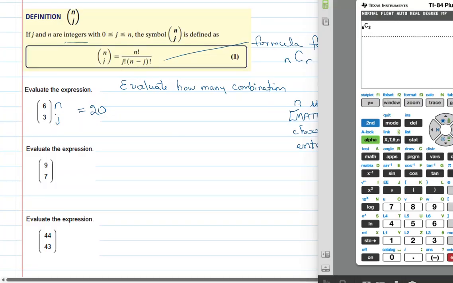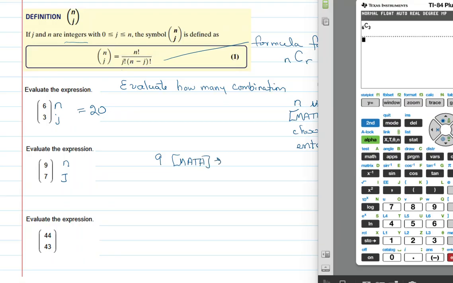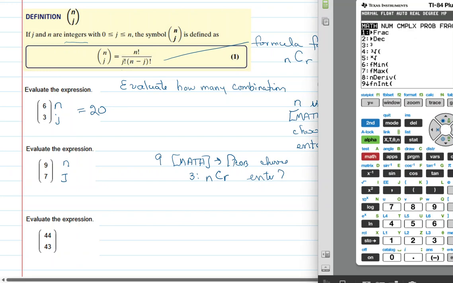So let's do the next one. Remember, this is my n and my j. So I'm going to have my 9, and then I'm going to hit the math key, arrow over to PROB, and choose number 3, NCR, okay? And then hit the 7. So I have the 9, math key, PROB, number 3, and hit 7, and then hit enter.